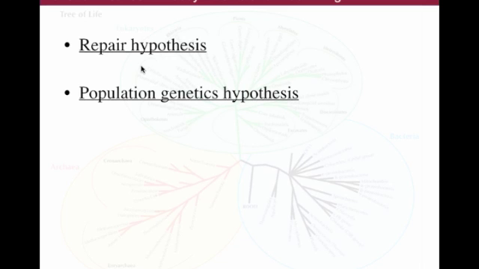It loses genes, that's why its genome gets smaller. Its GC content goes down, its evolutionary rate goes up. So why does this happen?